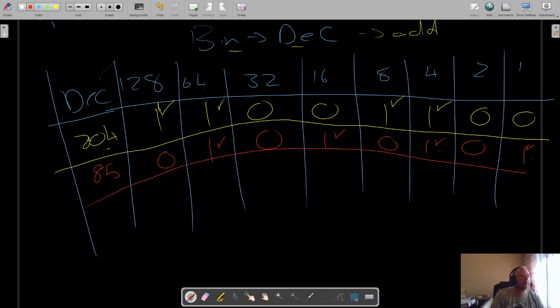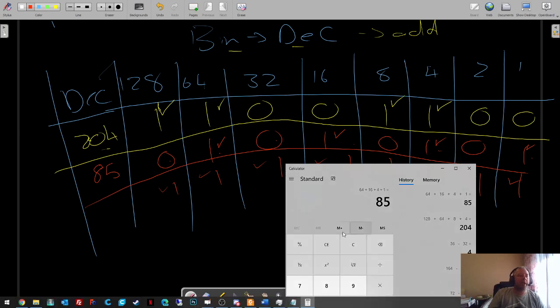And let's do the last one. Let's see what if I've got all ones. Okay, so if I've got all ones, 128, 64, 32, 16, 8, 4, 2, and 1. Of course, now we're just going to add them all together. So we've got 128 plus 64 plus 32 plus 16 plus 8 plus 4 plus 2 plus 1.